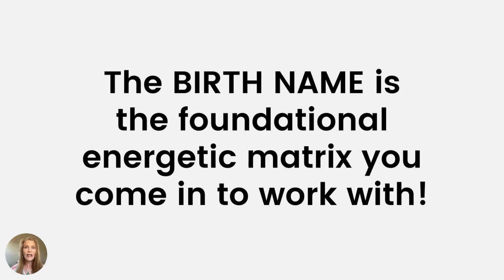So even if it's spelled in a way that you don't spell it, let me back up. On your birth certificate, if you have seen it and you go, ooh, that's weird, I always thought my name was Sarah, but here on my birth certificate it says Sara.